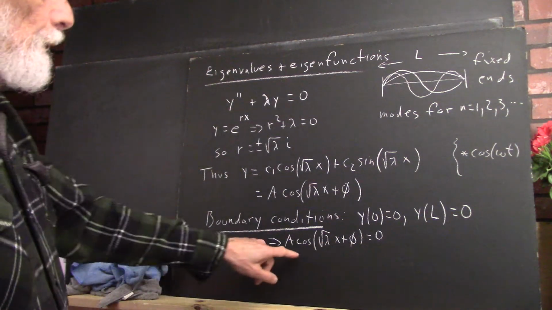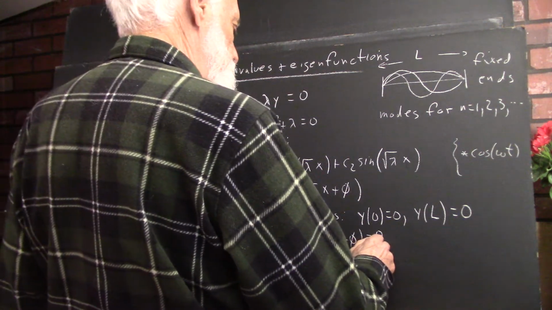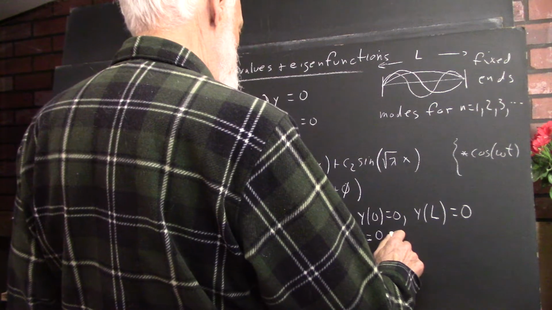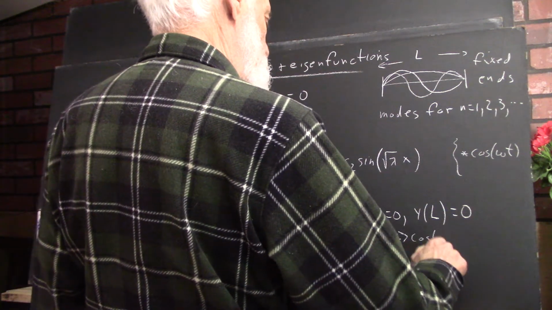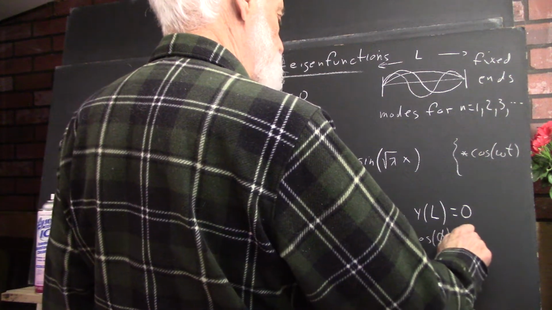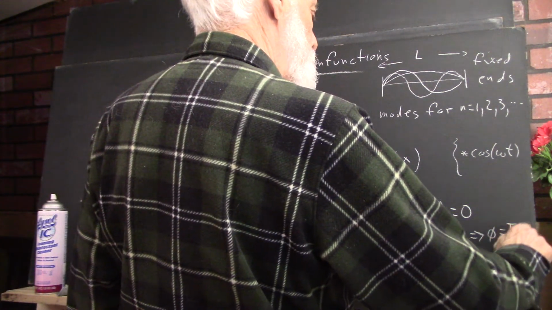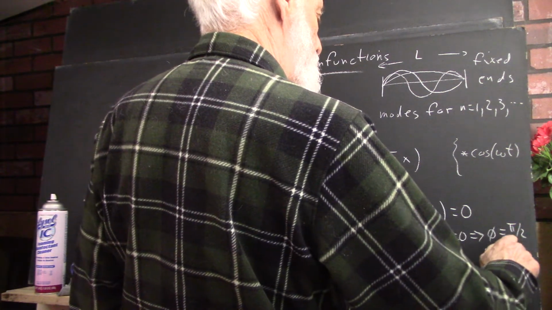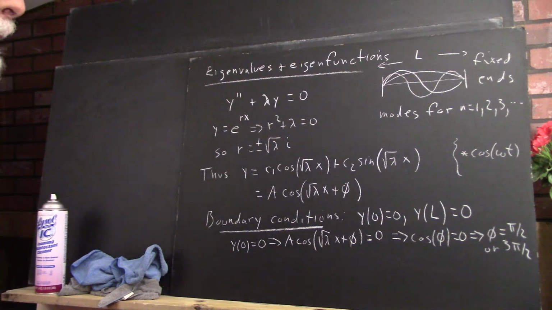Okay, y of 0 equals 0 implies this. Which implies cosine of phi equals 0. Which implies that phi equals pi over 2 or 3 pi over 2.